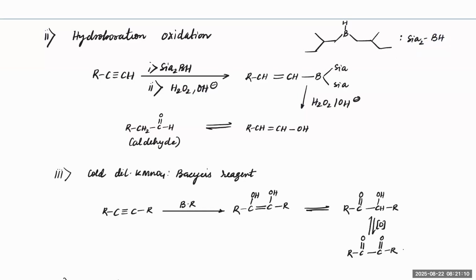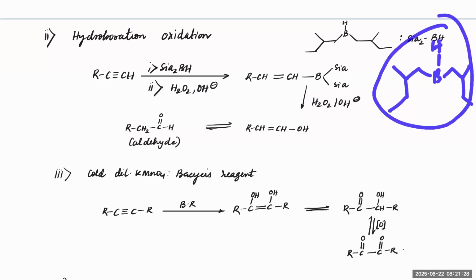Amyl means 5 carbons, like this 5-carbon group at a secondary position connected with boron, and with a hydrogen. So this is called Sia2BH.